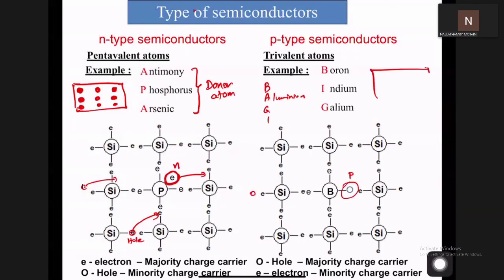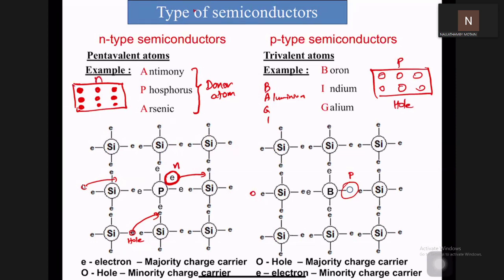For the P-type semiconductor, I will use this symbol for holes. This is P-type, and this is N-type. So how is a diode formed?